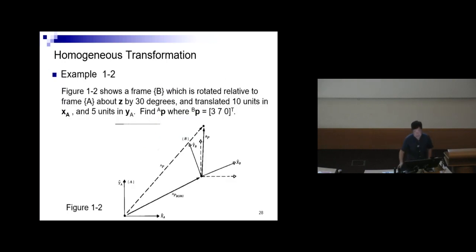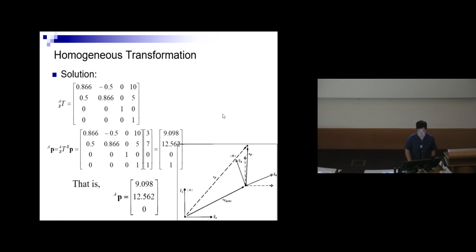So if I have a frame B, which is rotated relative to A by 30 degrees and translated 10 units in XA and then 5 units in YA, we are supposed to find the same point P with respect to frame A. You are given that the P with respect to frame B is 3, 7, 0.